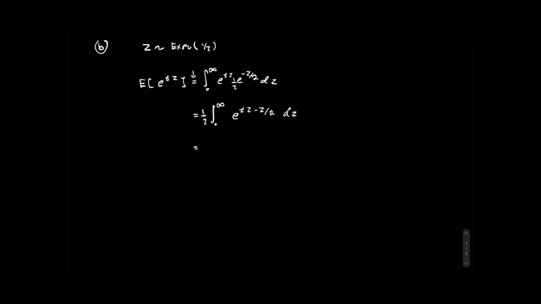Now take out the minus z, so that we get a half minus t, dz, making sure that this looks like an exponential and that we're not taking out a plus z here. Otherwise we're flipping the support.